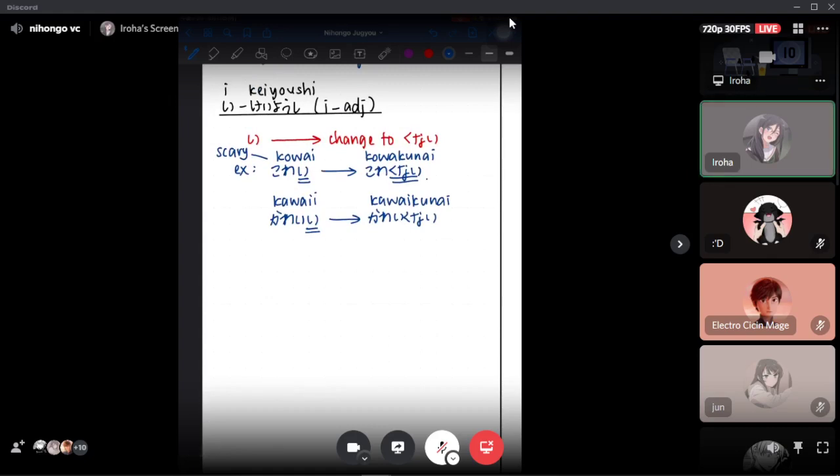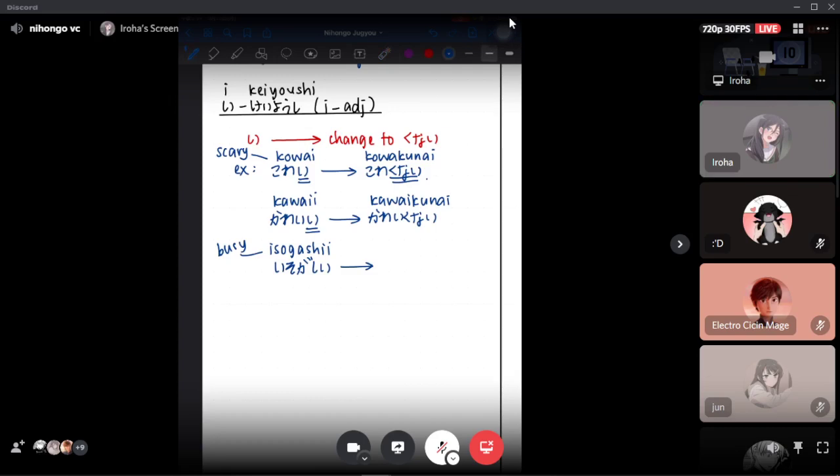Another one, this one you guys try. Isogashii. This one means busy. If you change it, it'll become isogashikunai.